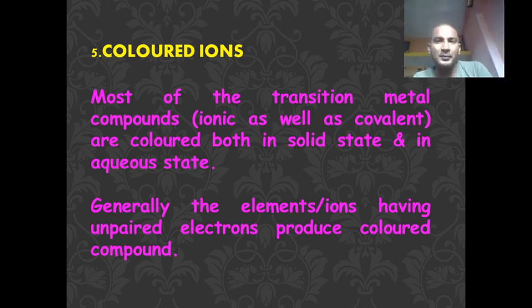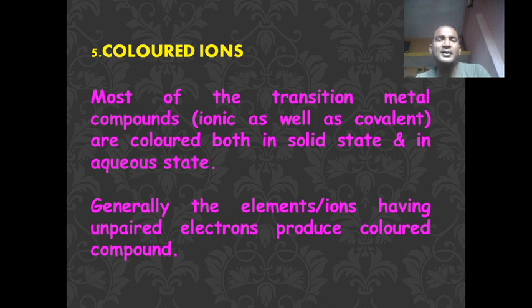Another most important property of d block elements, especially the 3d series elements, is that they have unpaired electrons, and these unpaired electrons are responsible for the coloring property. Not only the presence of unpaired electrons, but also the d atomic orbitals, which can be divided into two categories: Eg atomic orbitals and T2g atomic orbitals, of which Eg orbitals have higher energy and T2g orbitals have lower energy.